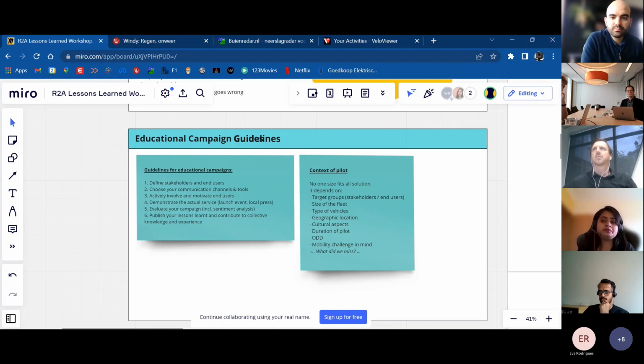I think these are the steps that we propose and that we have distilled from the results and the experiences from the various pilots. Of course, we did put there a 'what did we miss' section. So maybe in terms of the context of the pilot, you may have some elements that you think are missing for the moment.